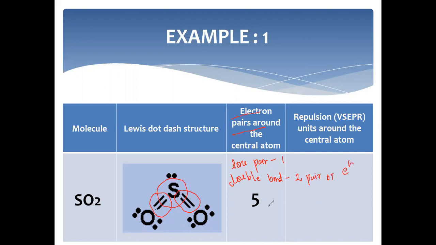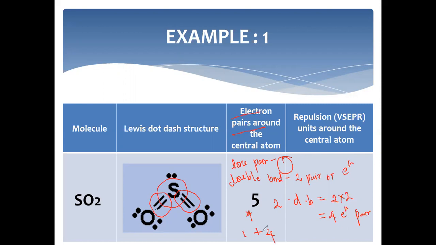So two double bonds is equal to 2 into 2, 4 electron pairs, bonding pairs. Ultimately, one lone pair plus 4 bonding pairs, you end up with 5.